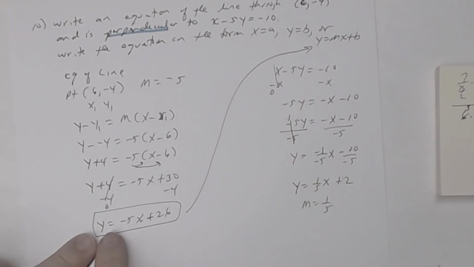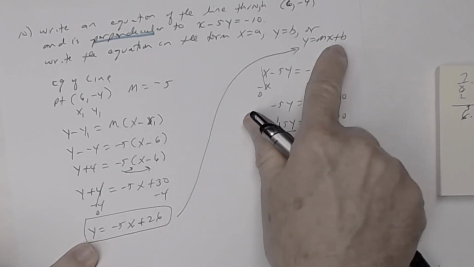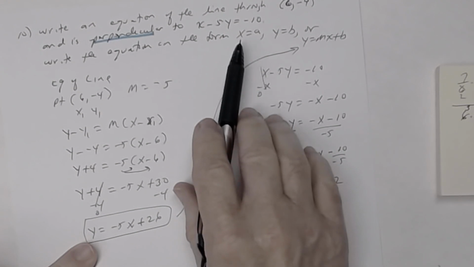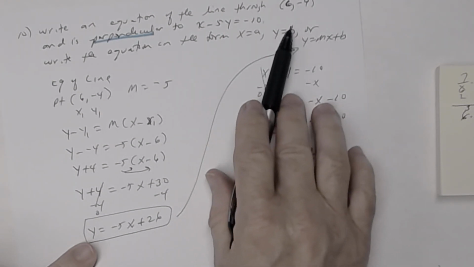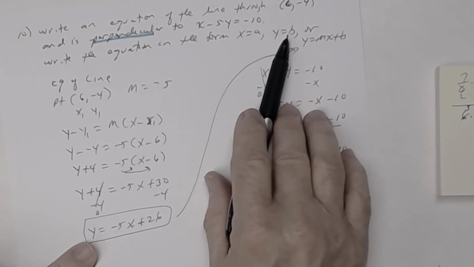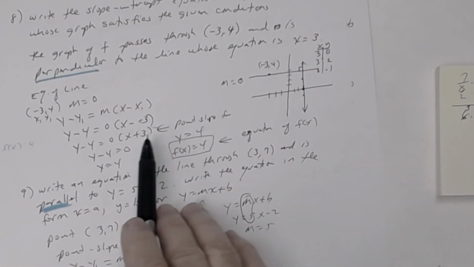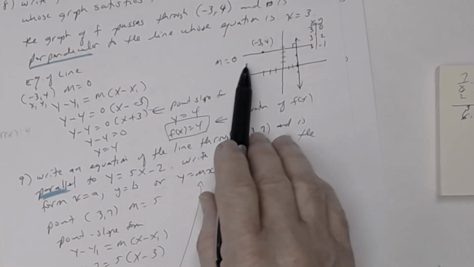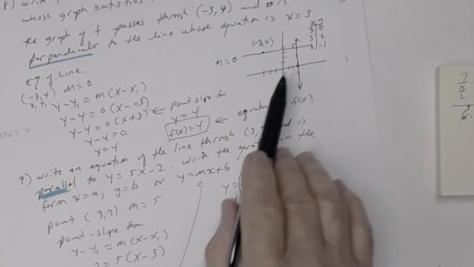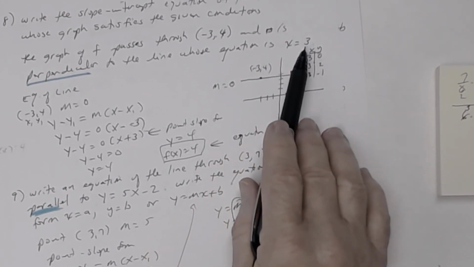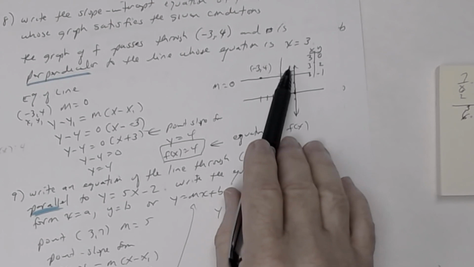I had both x's and y's, so therefore it's slanted. So it'll look like this from here. Remember, x equals a number is vertical, y equals a number where there's no x is a horizontal line. That's this right here. So notice y equals 4 is this line. That's horizontal. X equals 3, there's no y, that's a vertical line.